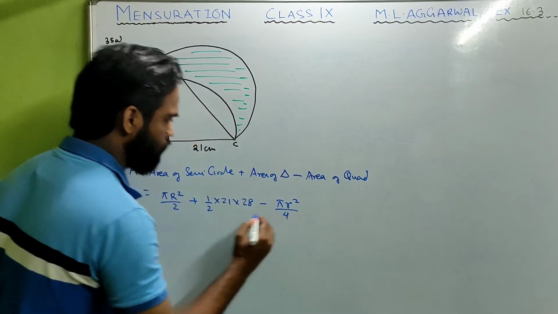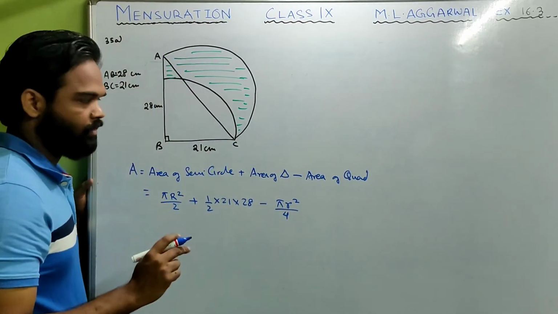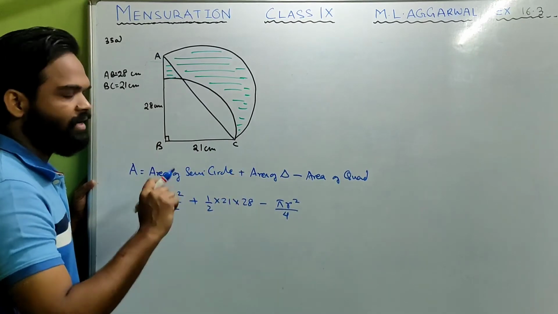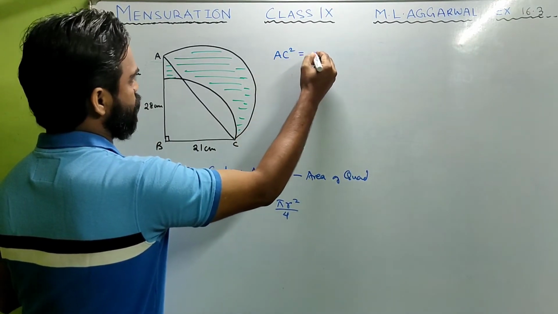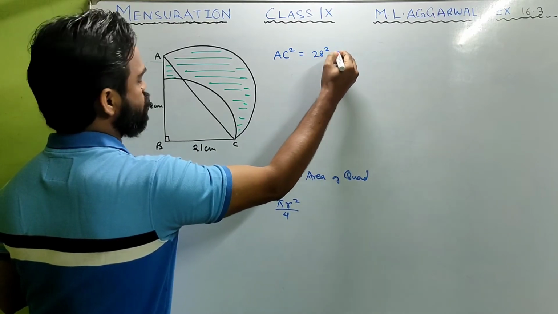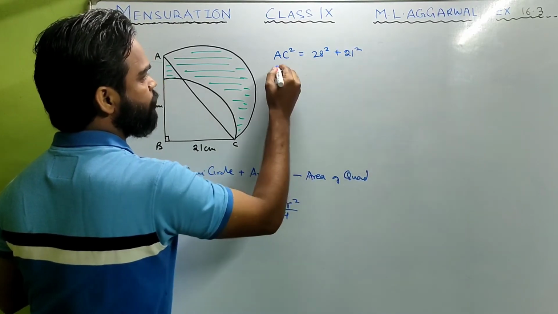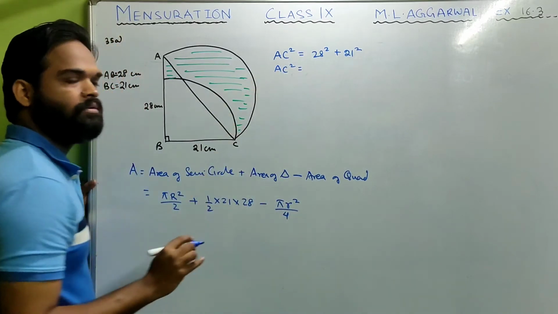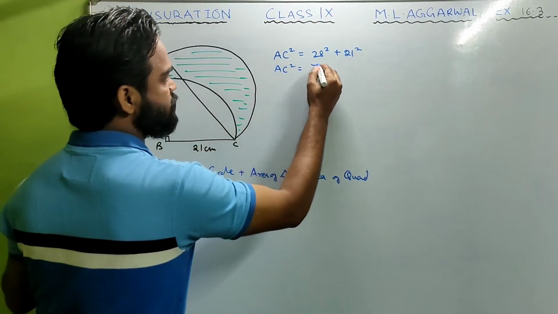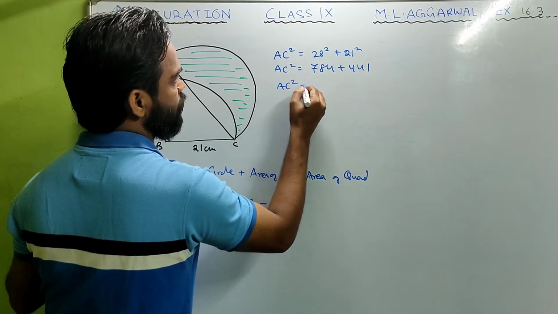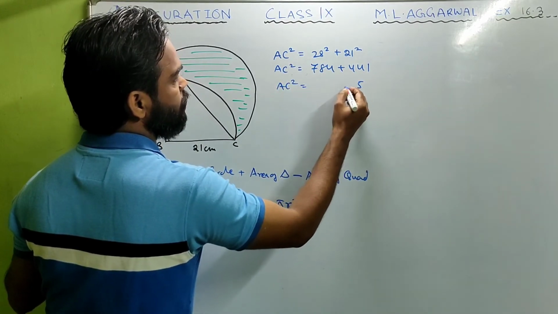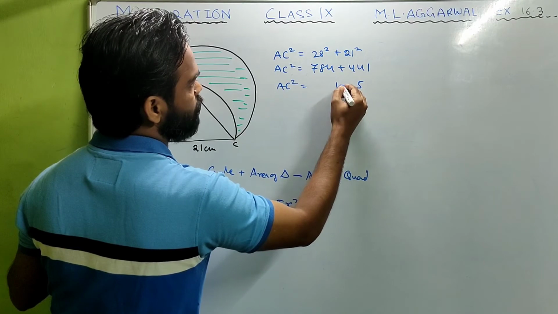Now what is capital R? That's AC. We can get AC by Pythagoras theorem. So AC square is equal to AB square, that's 28 square, plus 21 square. Am I correct or not? So 28 square is 784 and this is 441. So AC square will be 1225, isn't it?